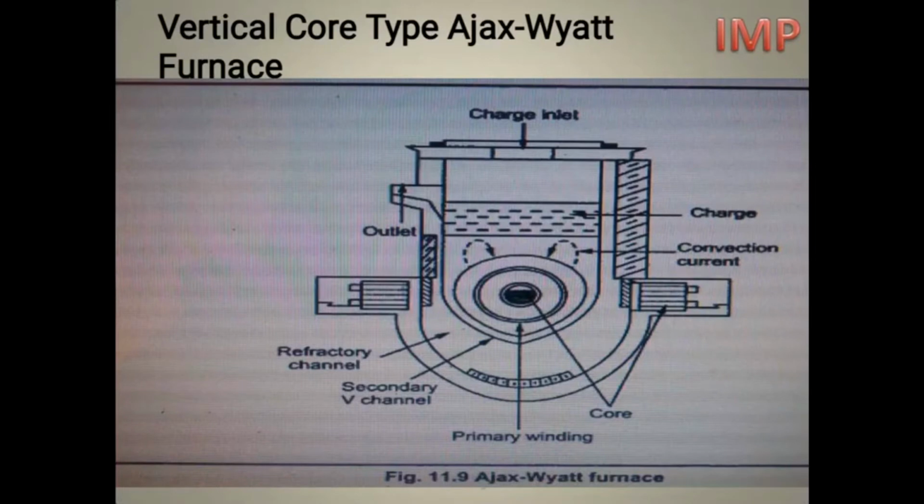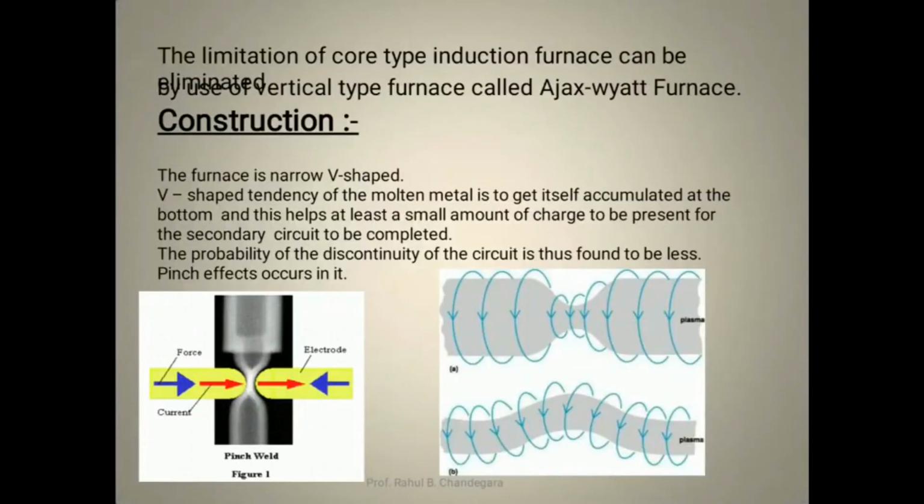We can see the primary winding and the core, and the secondary V-type channel or U-type channel. The charge is in the chamber. The convection current and the flux is near the core. So this is the figure of the vertical core type Ajax Wyatt furnace. The limitation of the core type induction furnace can be overcome by use of the vertical type furnace called Ajax Wyatt furnace.